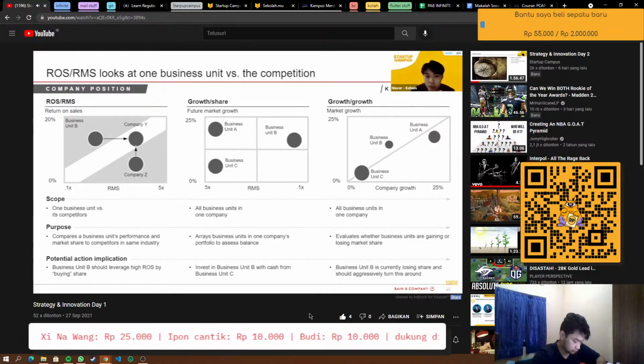I think there are so many travel agencies in Indonesia. So how do we list all of them and put all of them on the graph? How do we know their market share in exact numbers like this graph?